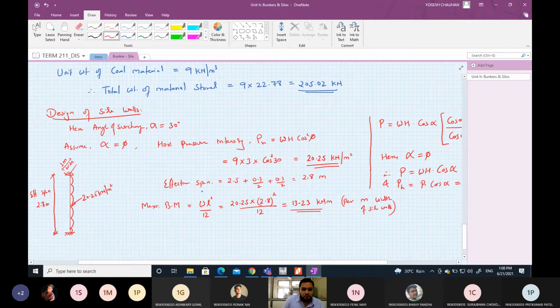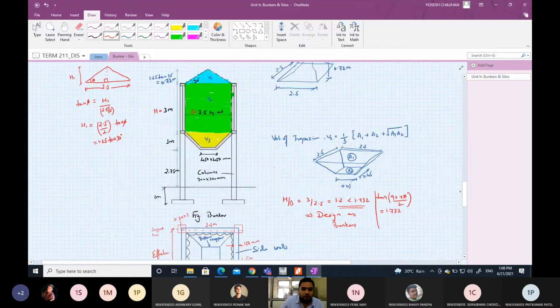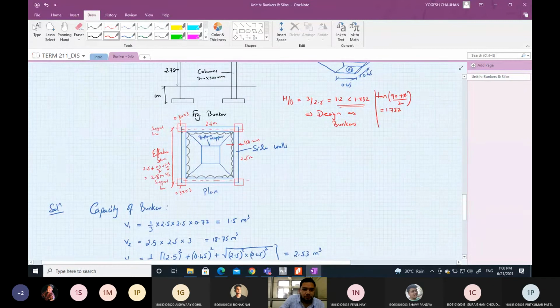Then the effective span. Now consider the side walls fixed between the columns. There are columns, these are the columns. So let us assume that it is fixed between the columns.